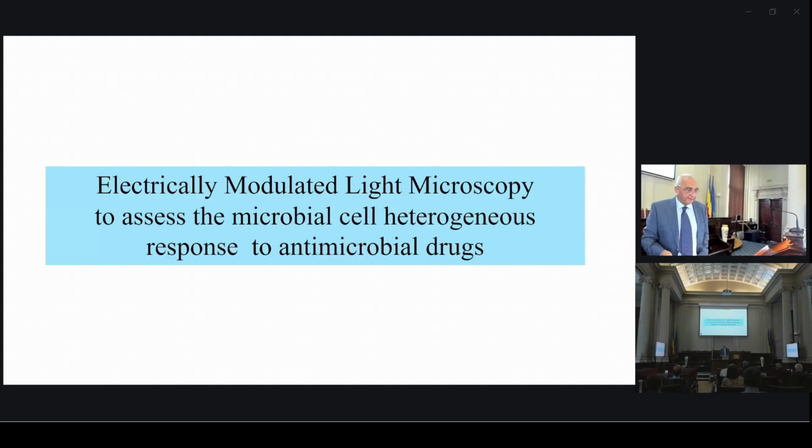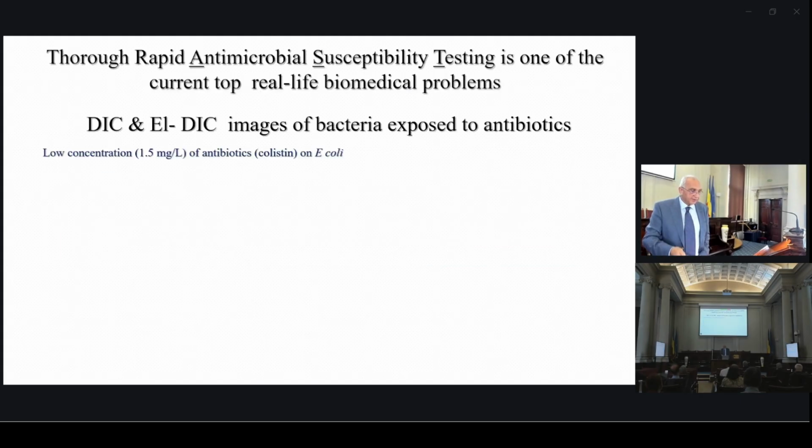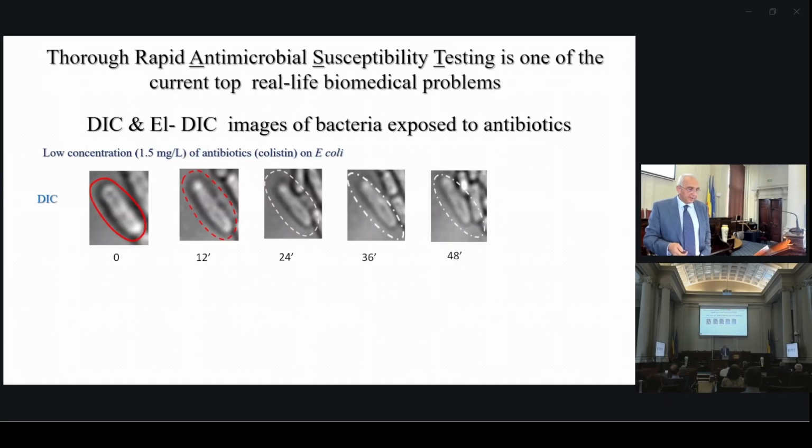And let's show you a result that will hopefully convince you that this is the case. So what we did was to play with choline. Eric also presented some results on biofilm.